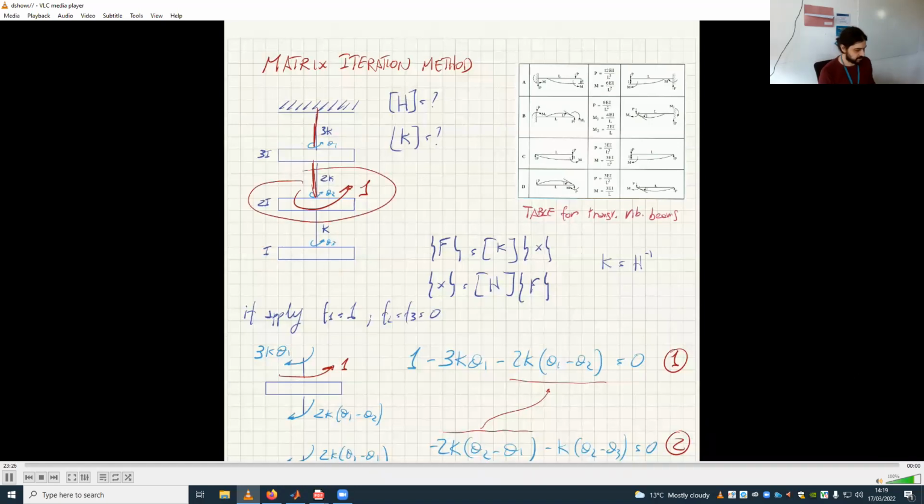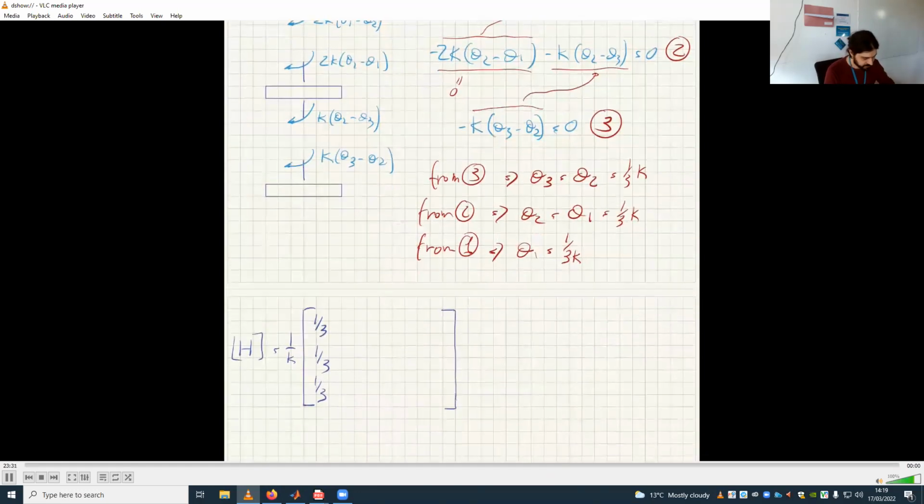Okay, that's very easy. So 2 springs in series means that this is 1 over 3 plus 1 over 2. And the third one, we said, is exactly the same as the second one because it's free to move.